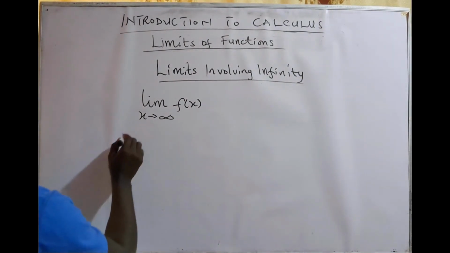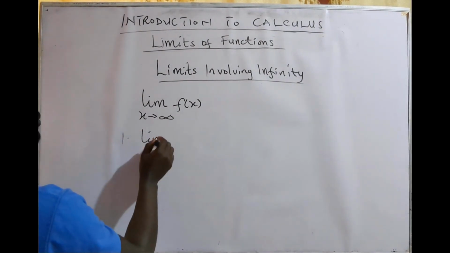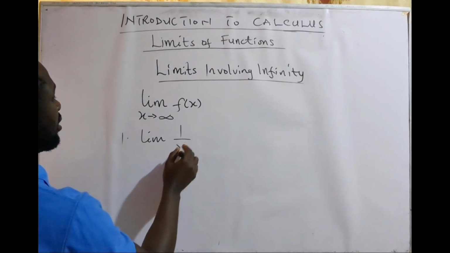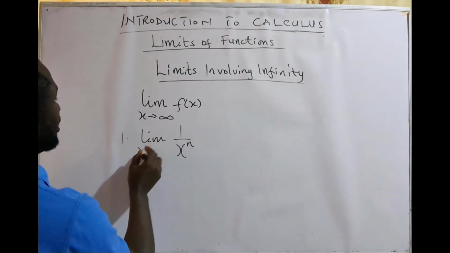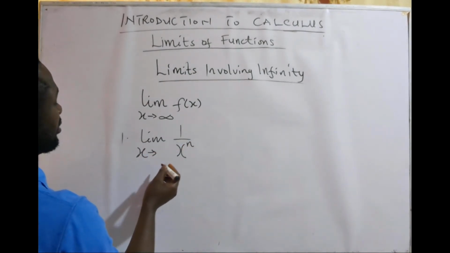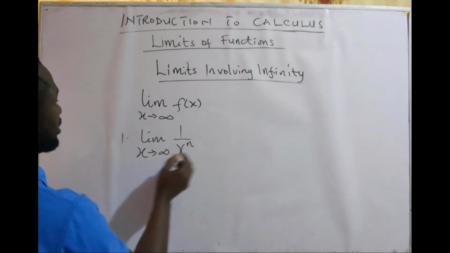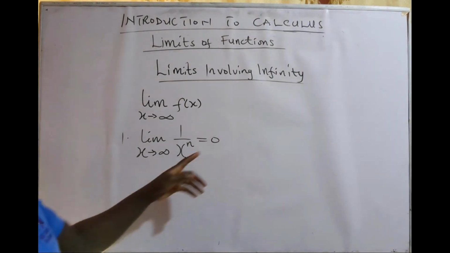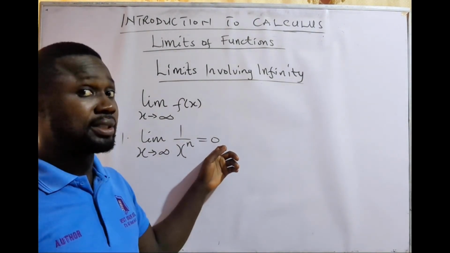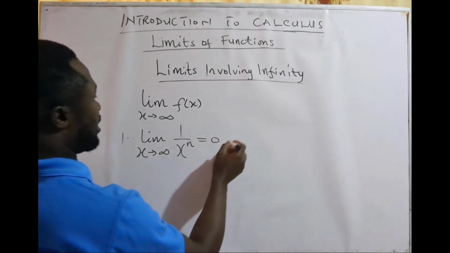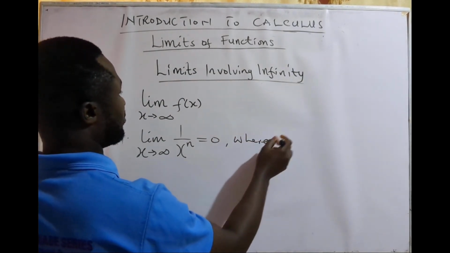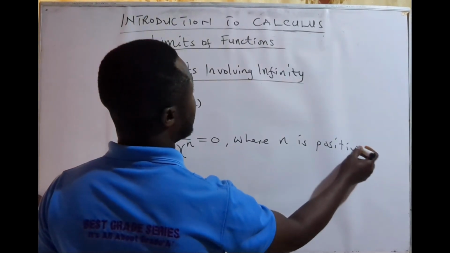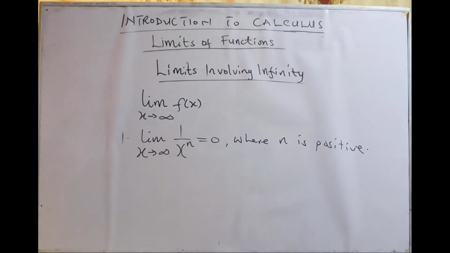Number one, if I have a limit of a function, let's say 1 over x to the exponent of n, and then x is approaching infinity, then this particular function will also be approaching 0, provided that the n is positive.